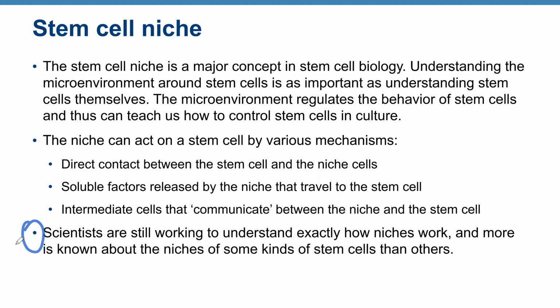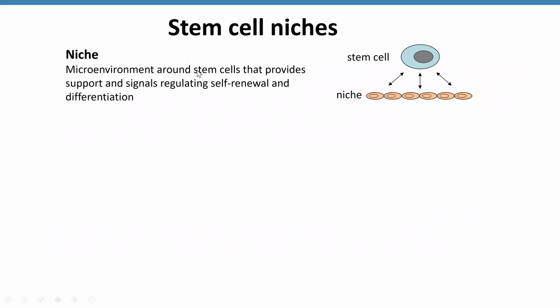Scientists are still working to understand exactly how niches work, and more is known about the niches of some kinds of stem cells than others. So the niche is the microenvironment around stem cells that provides support and signals regulating self-renewal and differentiation.